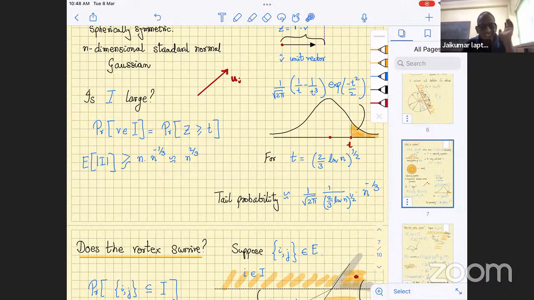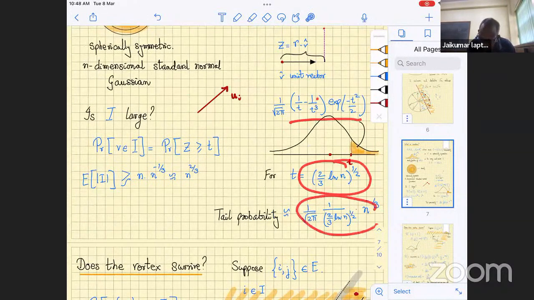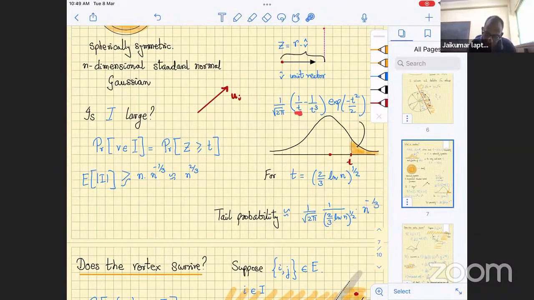Please ask. This is the level of detail that I'm going to stay at. There's not much to do. Use this estimate, plug in the value of T, compute the value. Because we have plugged in something like this, you got this. And e to the power minus T squared. Let us compute T squared.